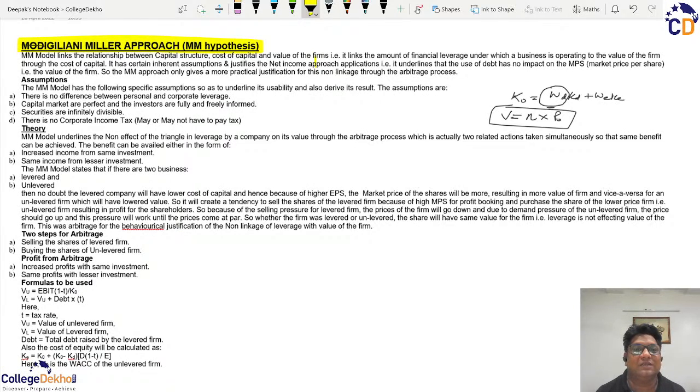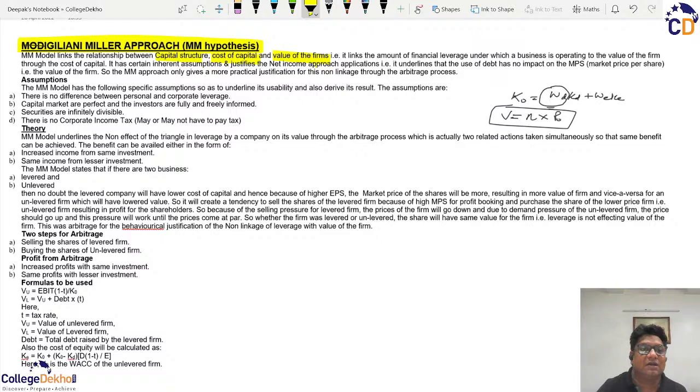that is why commonly known as the MM approach, which links again the relationship between the capital structure, the cost of capital and the value of the firm. But it takes the view of the NOI approach, that is effectively the capital structure, that is the leverage, will not affect the value of the firm, but it is with its own inherent assumptions.